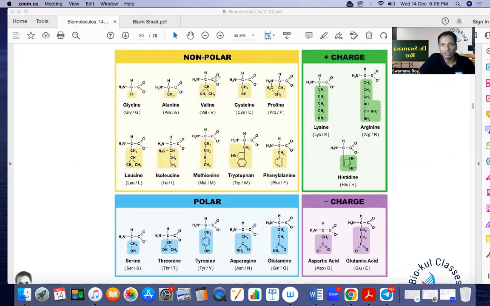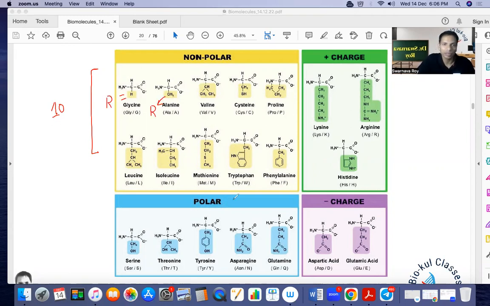We have 10 amino acids which are non-polar. That means their R group, this is the R group.